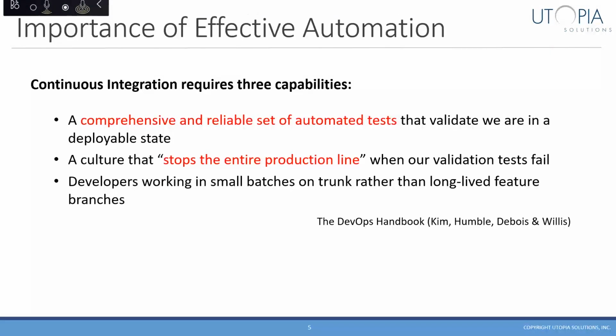The first point says we have to have a comprehensive and reliable set of automated tests. And the next point kind of drives that home by saying, hey, if we really are buying into the DevOps culture and we're going to stop the entire pipeline when those automated tests fail, they need to be reliable. So if we're going to pull that emergency brake when our automated tests fail, they are absolutely key to what we're trying to accomplish.